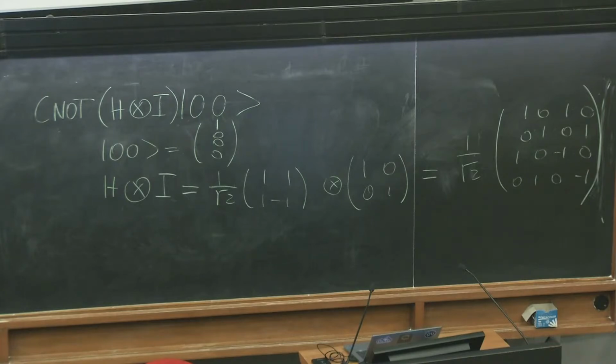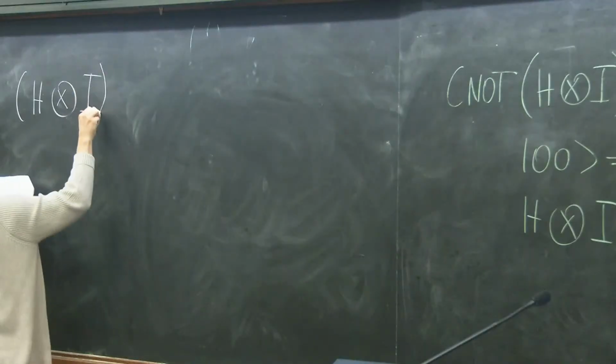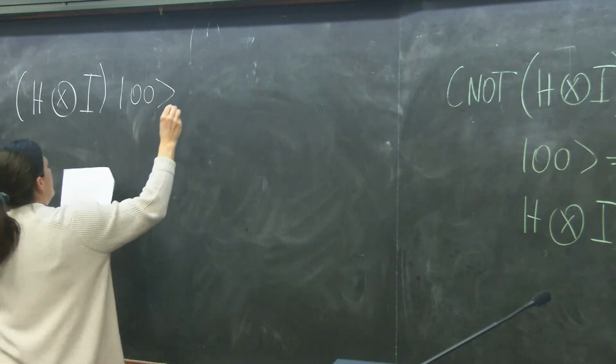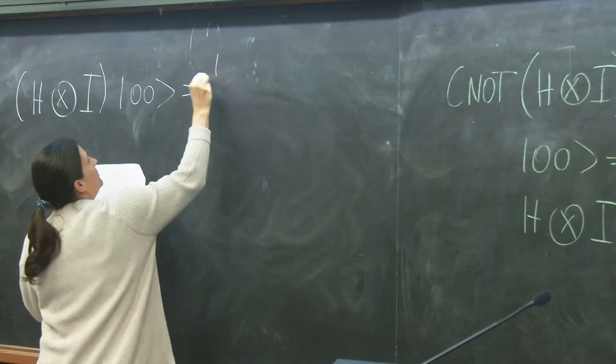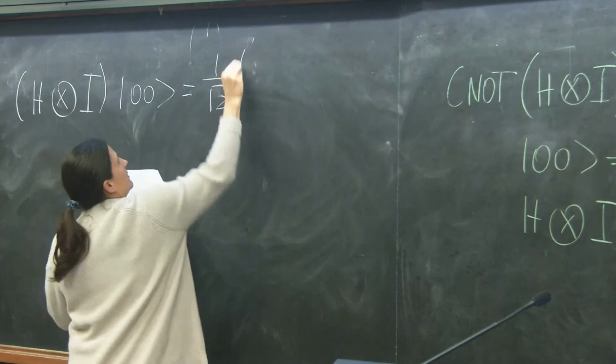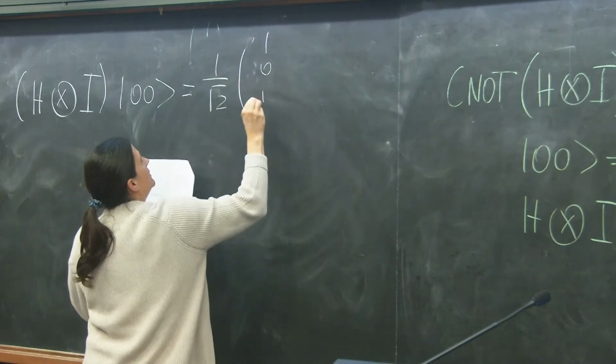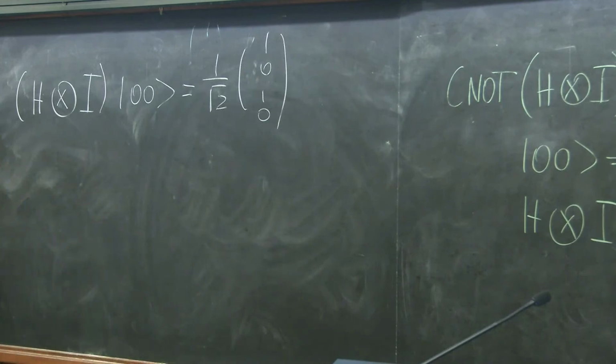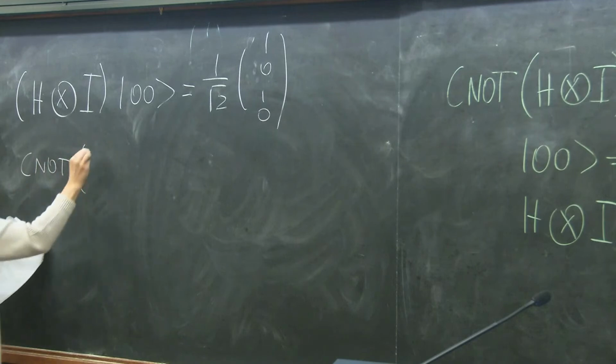So if you do the Hadamard gate tensor with your identity matrix, then you apply it to your 0, 0 state, right? If you do that, you're going to get 1 over square root of 2 of 1, 0, 1, 0. Now what you do is you apply the CNOT gate to this.